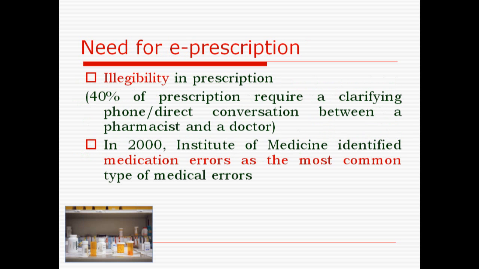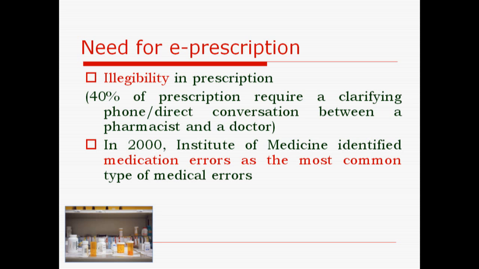Moving further, what is the need for electronic prescription? First is legibility in prescription. That means almost 40% of prescriptions require a clarifying phone call or direct conversation between a pharmacist and a doctor. This I am talking about the normal prescription.